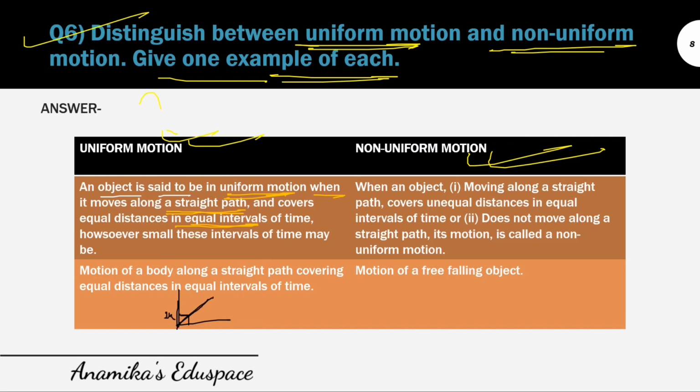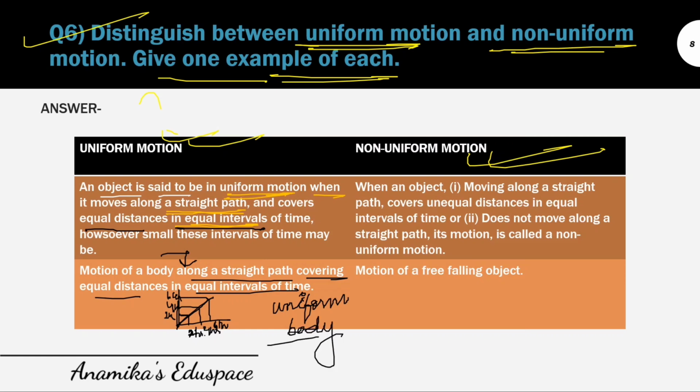In 2 hours it will travel 2 kilometers, then in 4 hours it is traveling 4 kilometers, then in 6 hours it is traveling 6 kilometers. So like this it will always move in constant equal distances, equal intervals. Okay, so these are known as uniform motion. Now the body along a straight path covering equal distances in equal intervals of time is known as a uniform body.